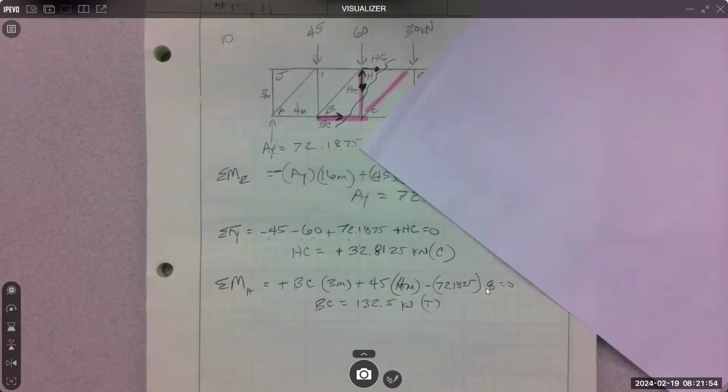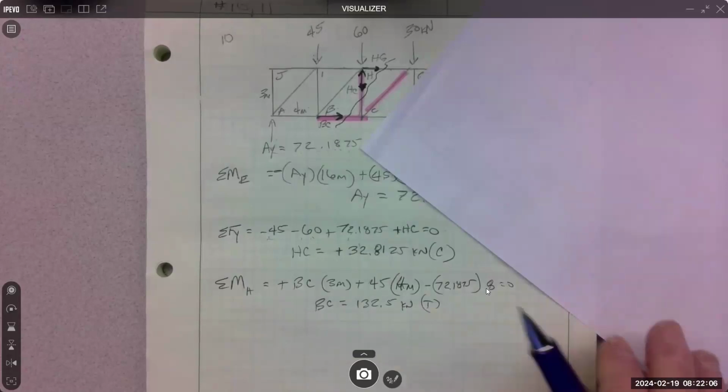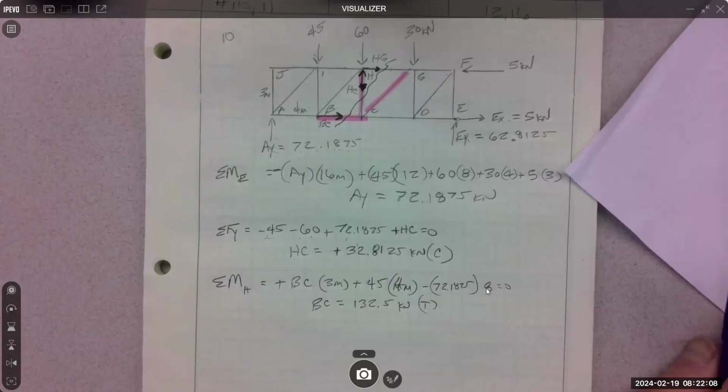Now we have BC and we have HC. We don't really care about HG, so we'll ignore it. And we put the truss back together and cut again.